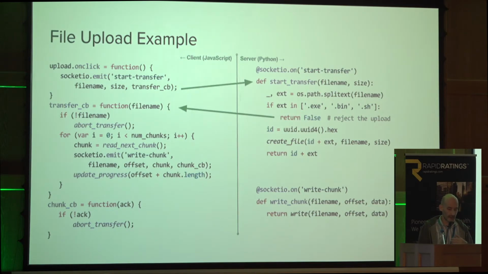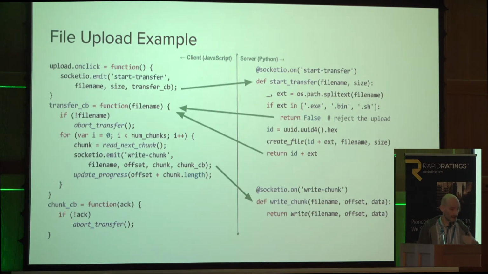It creates the file, it does some admin stuff to make space for the file, and then it returns this file name that the server assigned to that same callback. So then in JavaScript, when you have the new file name, all you need to do is use the JavaScript APIs that let you read the file, and for each chunk that you read, you just send it to the server, and the server writes it.